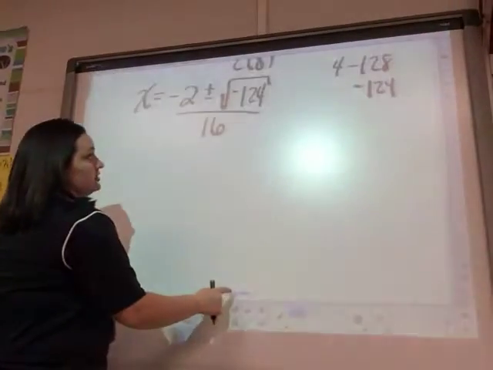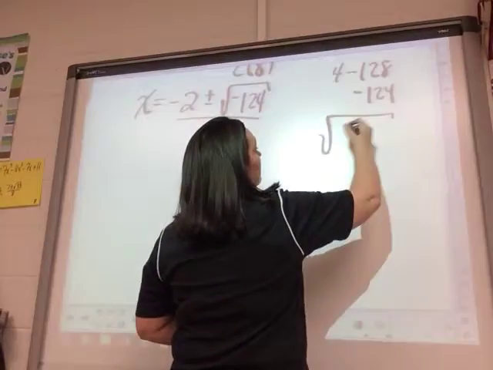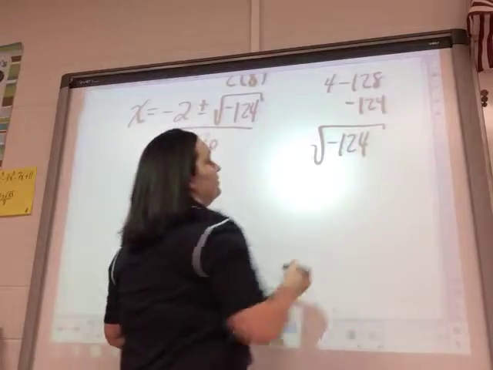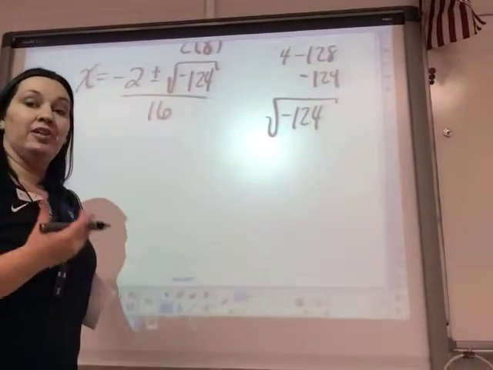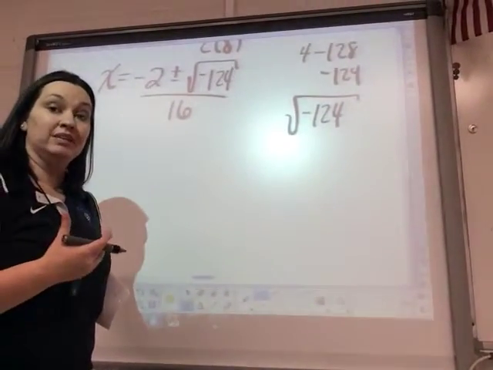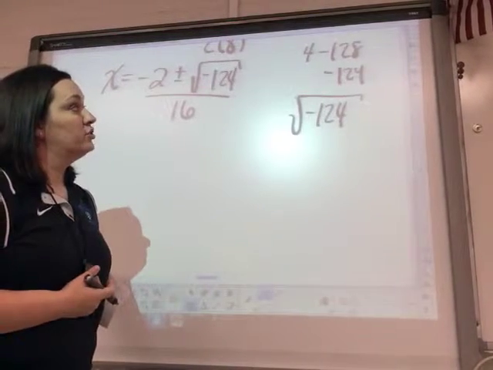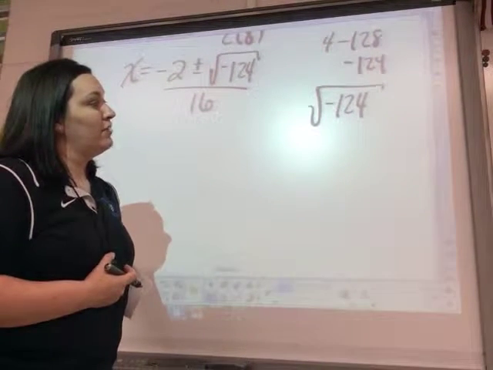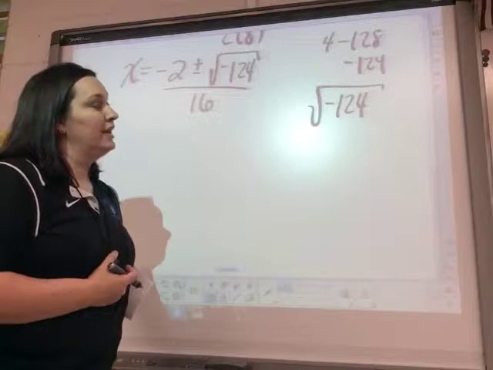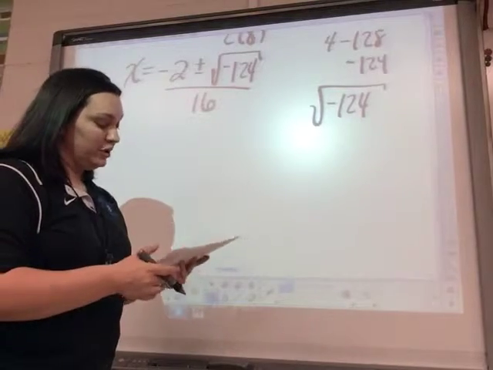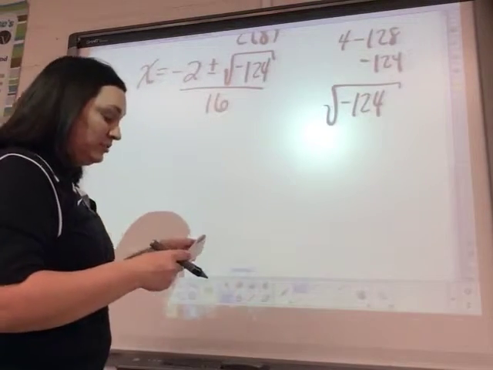We need to now reduce this radical. Radical negative 124 means I got to figure out the highest perfect square that goes into a negative 124. So I'm trying to figure out my list of perfect squares. 1, 4, 9, 16, 25. I'm trying to see which one goes into there by doing simple division.